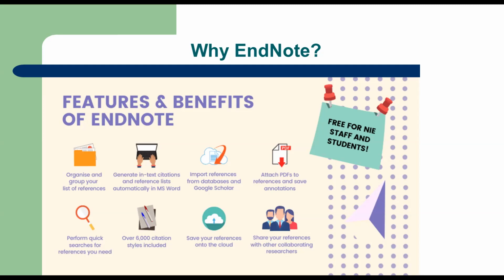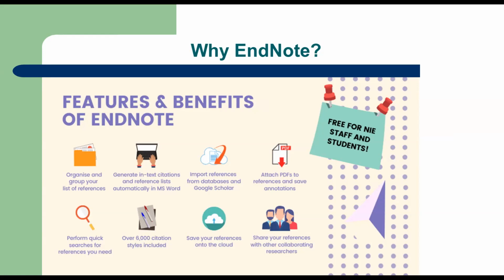For example, you are writing 2 to 3 articles simultaneously, and you want the references for article 1 organized in a separate group, and references for article 2 in a separate one. This software is best in organizing references in different groups and subgroups.